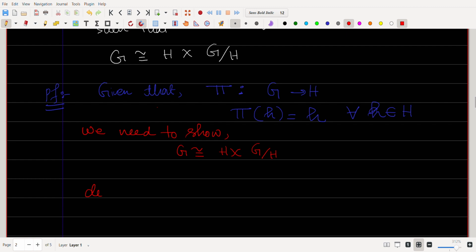So let's define a map. We need to define an isomorphism. So let's define a map phi from G to H cross G mod H.